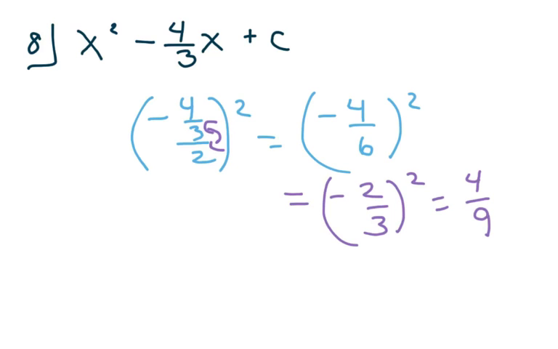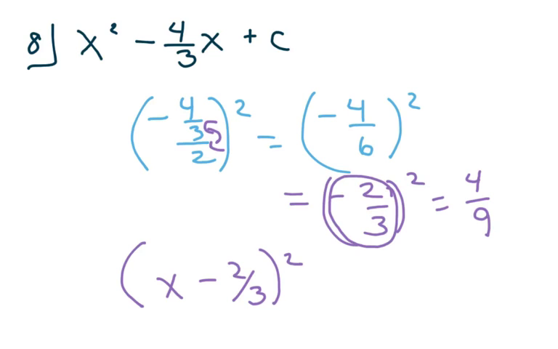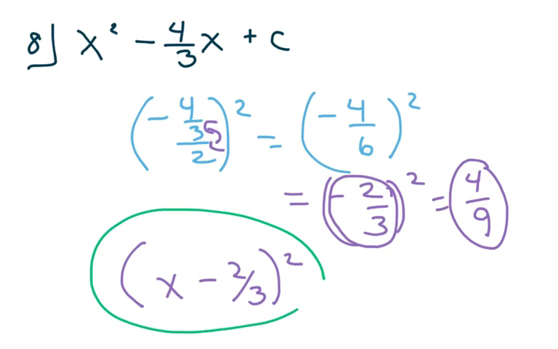So c is 4/9, and then you just write x, and take that part, minus 2/3 squared. So this is your c, and this is your square binomial. And basically this would be x squared minus 4/3 x plus 4 over 9.